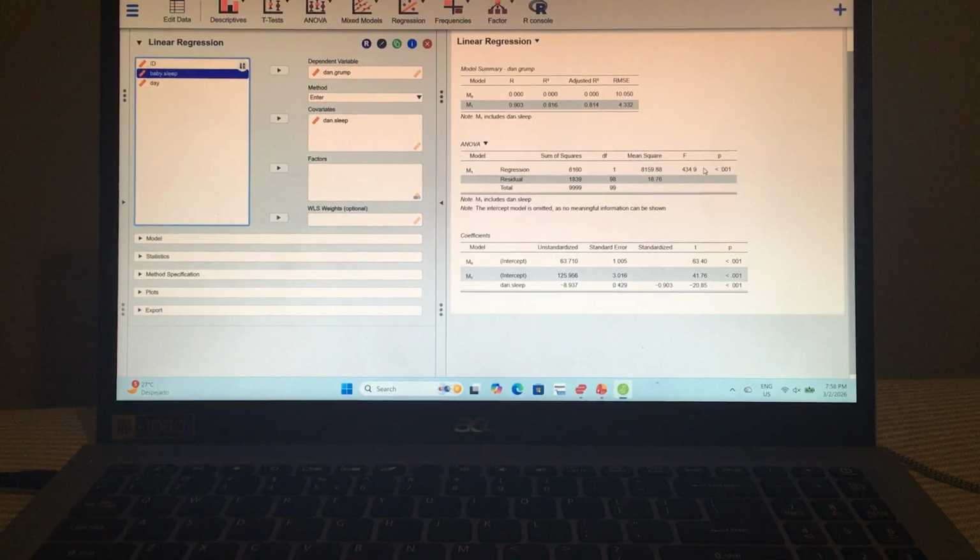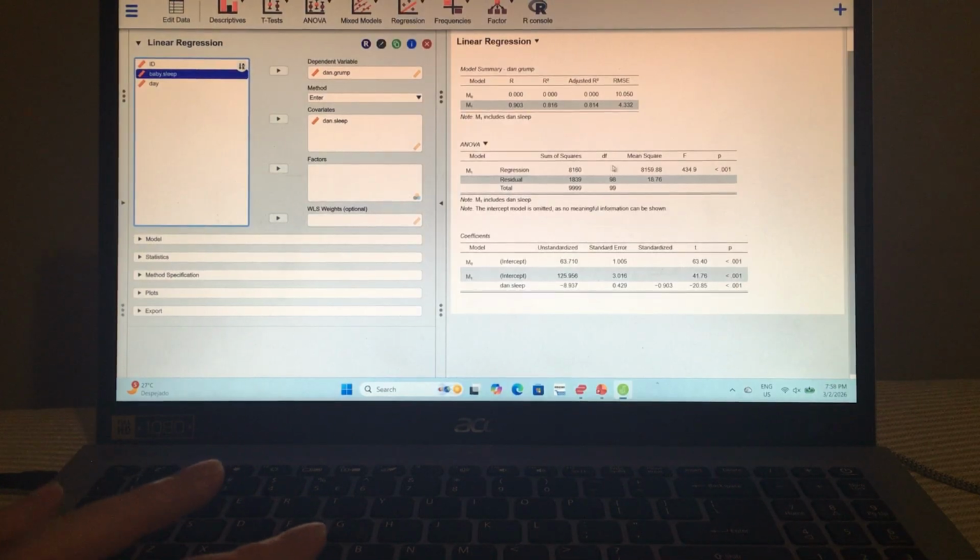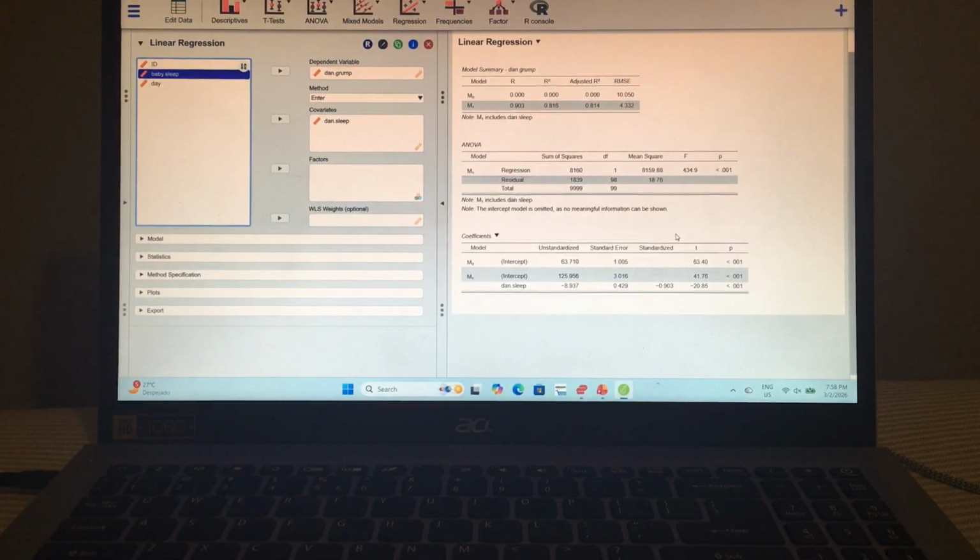The F distribution has degrees of freedom just like the t distribution, but it actually has 2 different degrees of freedom. In regression, the JASP software will call these the degrees of freedom regression and the degrees of freedom residual. And then there's a total, which looks to add them together.